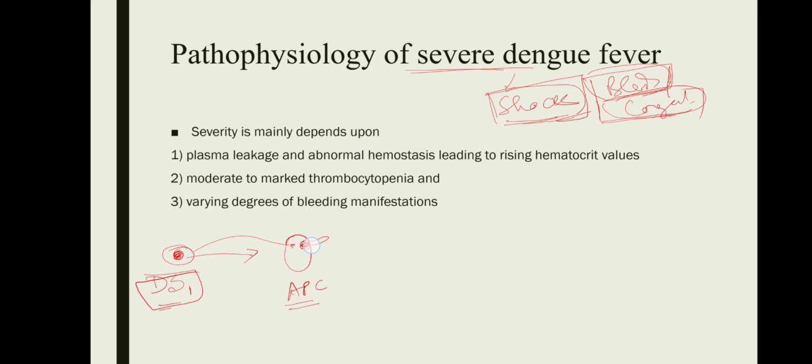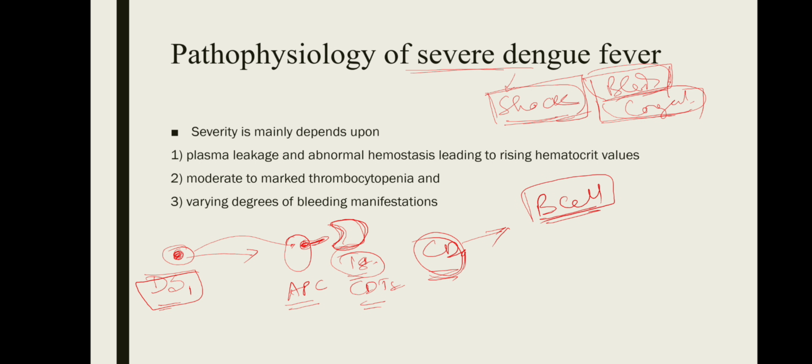This antigen presenting cell presents the antigen, as this is a virus, and it is killed by the T8 cell, that means the CD8 cell. The APC presents these viruses to the CD8 cell, and this T8 cell also stimulates the CD4 cells, and this CD4 cell stimulates the B cell, and the body produces plenty of immunoglobulin against this antigen.